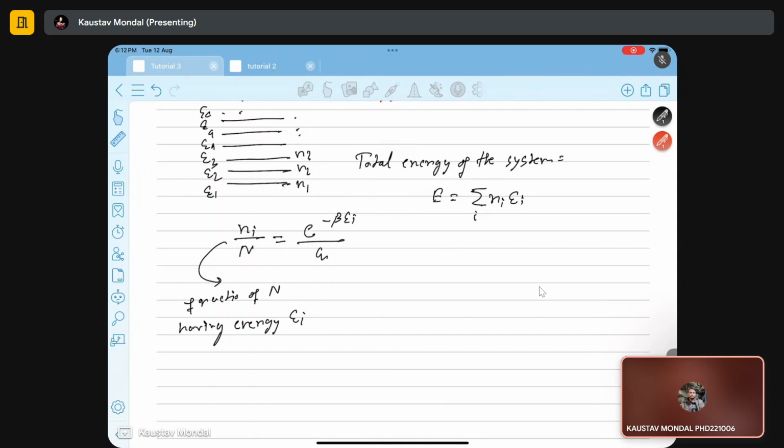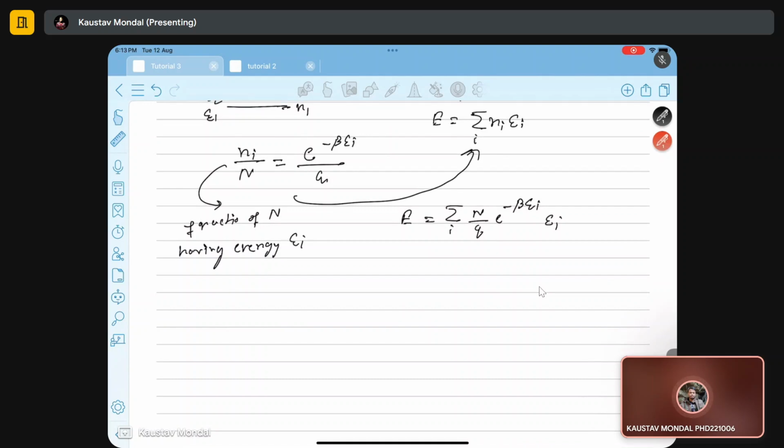So now, if we substitute it here, then we will get E equal to summation over i N by Q Ei e to the power minus beta Ei. Okay.